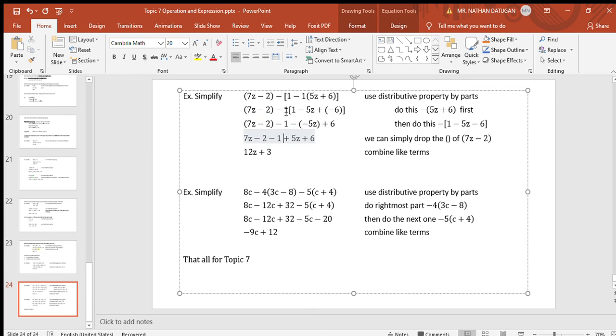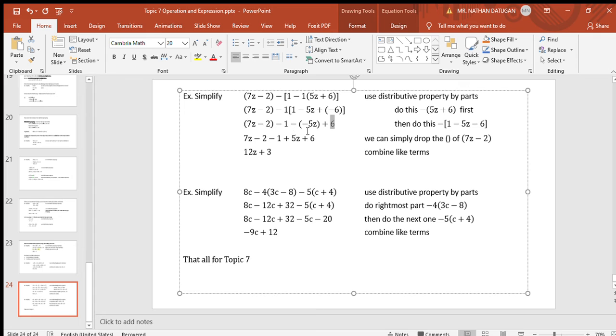Then we distribute negative 1 to 5z. Negative 1 times 5z is negative 5z. Again, this is a minus and this is a minus, so the operation doesn't change. It's still minus. And then we distribute negative 1 to negative 6. Negative 1 times negative 6 is positive 6. So we can simply put 6, and the operation doesn't change in that part.